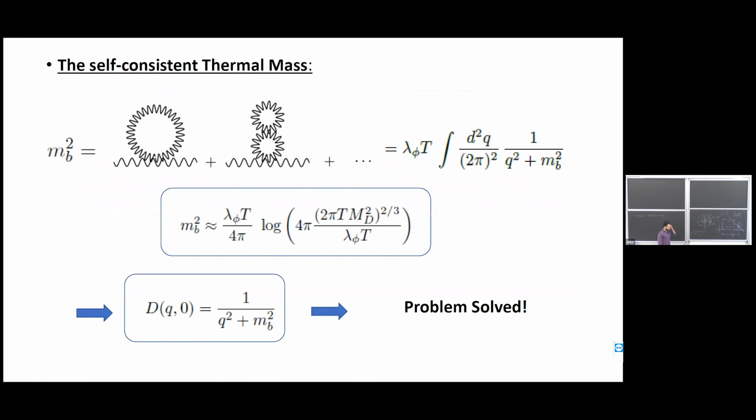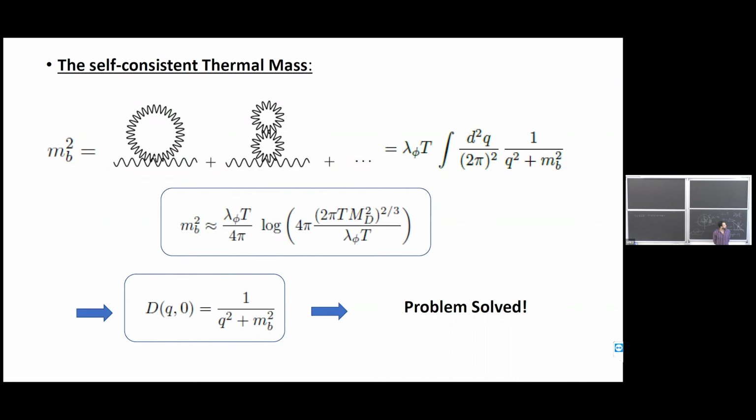So long story short, what one does is just resum all the planar diagrams corresponding to this quartic interaction for the static boson, and solve the equation self-consistently to obtain this mass, which of course is proportional to the temperature because it is an exclusively thermal effect.